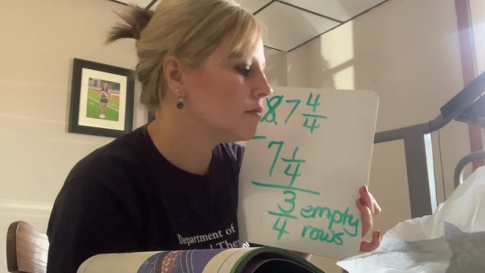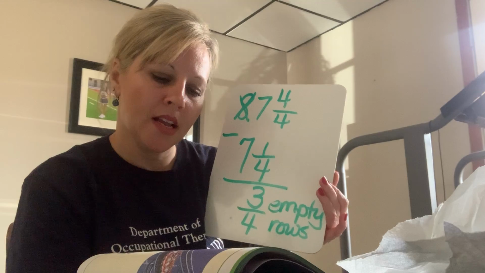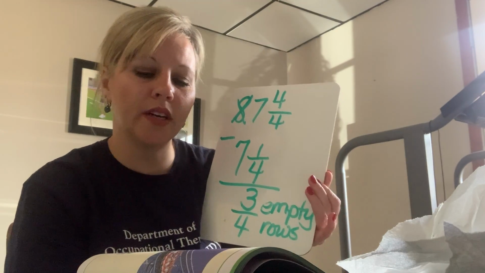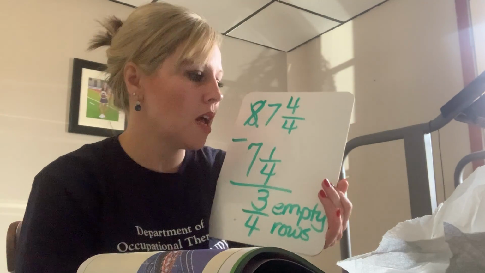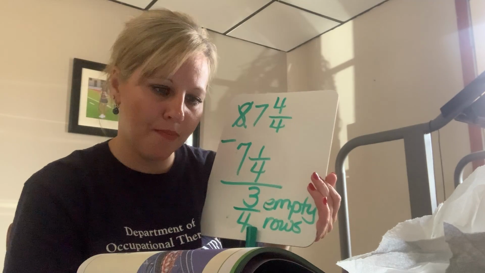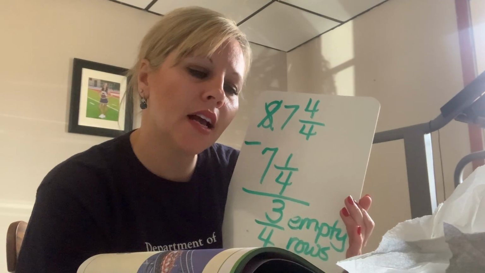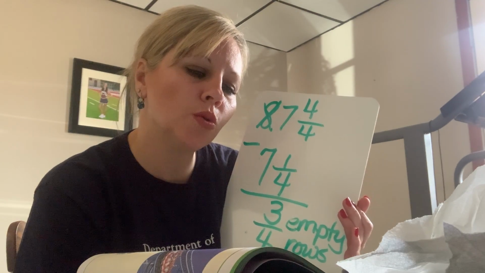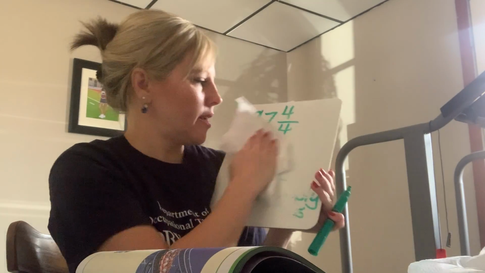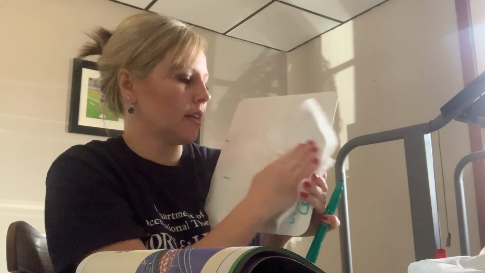Okay? Now, how many additional riders would it take to fill the empty rows? Well, if there's 3/4 empty and there were 8 rows per train and 4 riders per each, let's look.